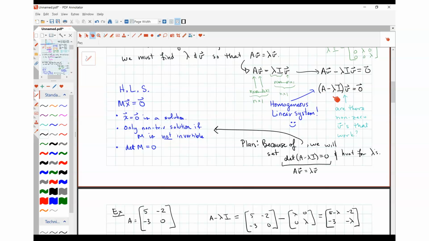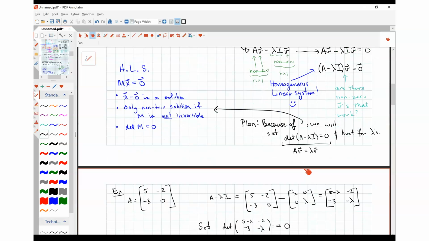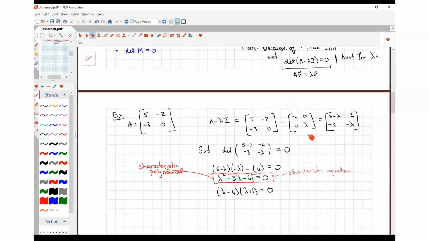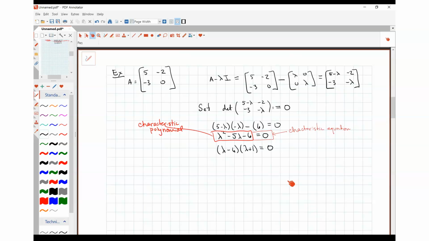And what we've just discovered is that for our A, this one over here, there are exactly two values that, when you plug them in for lambda, result in a matrix that has determinant 0. And now for each one of those, we need to find an accompanying direction, right? We need to find an accompanying eigendirection.